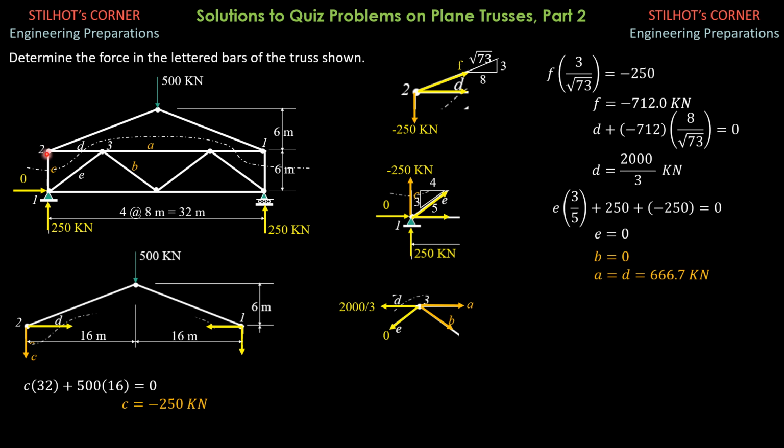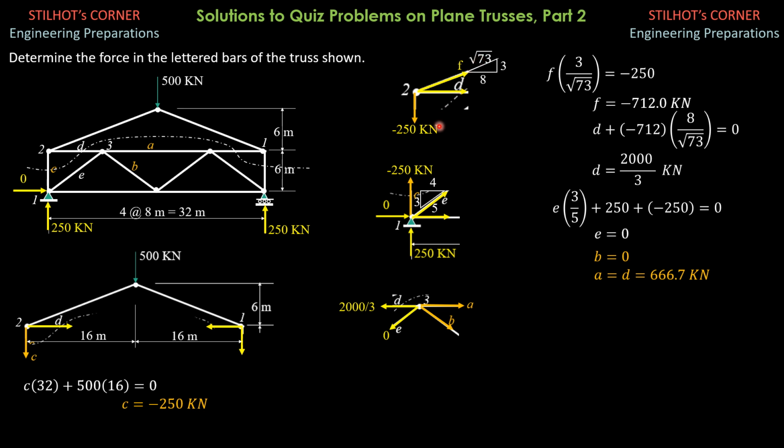We then proceed to joint 2, and this is the free body diagram. This is C, negative 250. I introduce this as member F, and the horizontal member at 2 is D. Of course, the slope of this member F is 16 horizontal to 6 vertical, which can be reduced to 8 horizontal, 3 vertical, and so the hypotenuse is square root of 8 squared plus 3 squared, square root of 73.